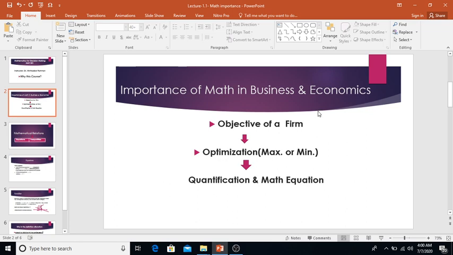That is, companies are always searching their optimum point, which is in fact without quantification impossible.